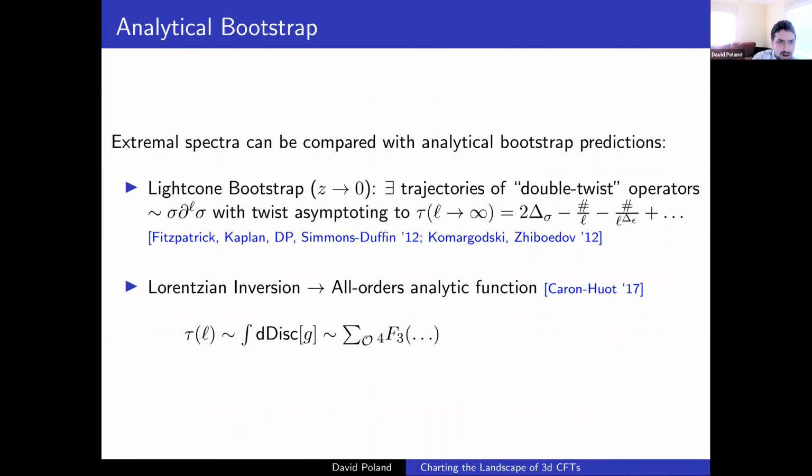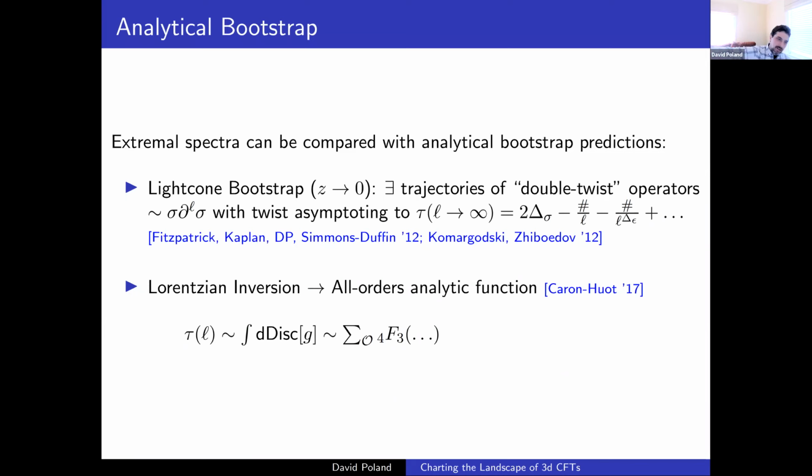In particular, there are a couple different analytical approaches that have been developed. One approach is called the light cone bootstrap, where you study crossing symmetry in a light cone limit, where you take one cross ratio to 0, making two of the operators light-like separated from each other. By analyzing crossing in the light cone limit, you see that on one side of the crossing equation you have the identity operator and the other leading twist operators.